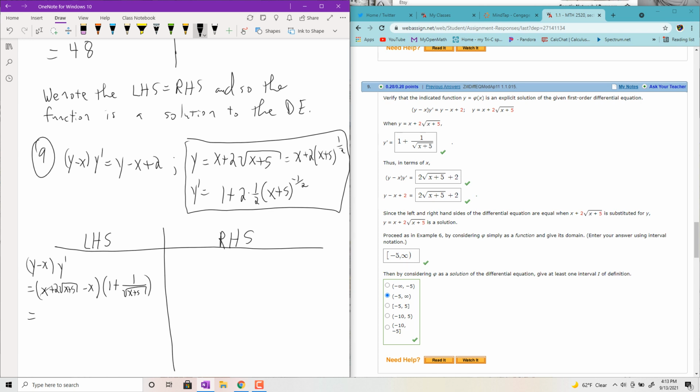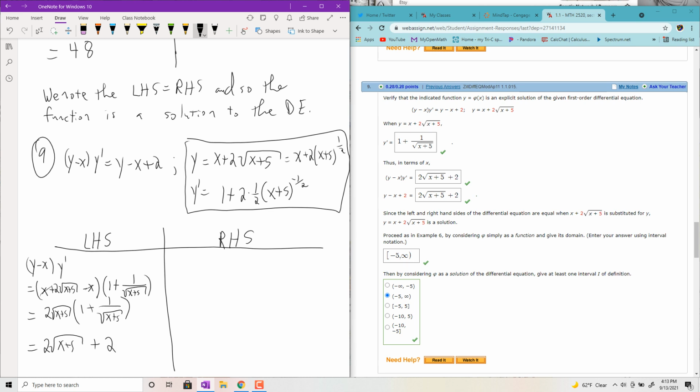Simplifying, x minus x cancel, and you'll have 2 square root x plus 5 times 1 plus 1 over square root of x plus 5. Distribute, you get 2 square root of x plus 5 plus just 2.